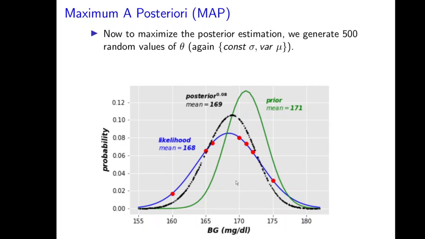We will end up with this new probability distribution in black, and as you can see here, the average of the new distribution is equal to 169, which is some value between the likelihood and the prior estimations.